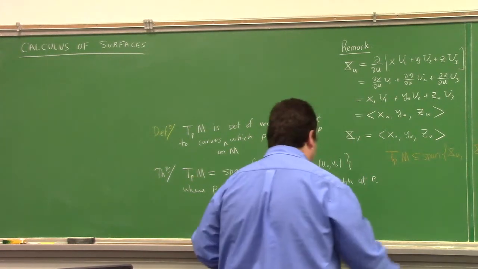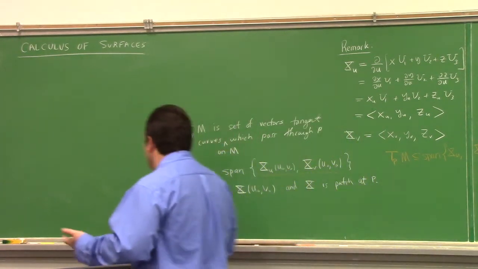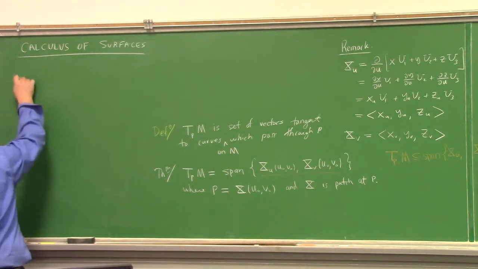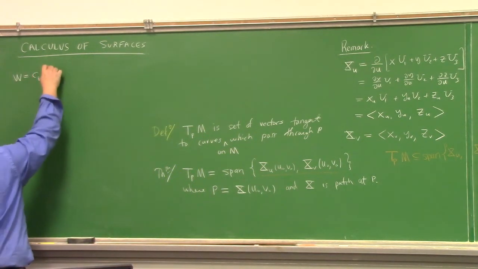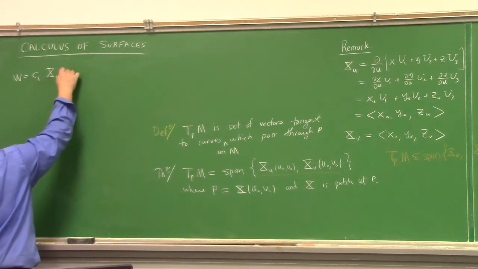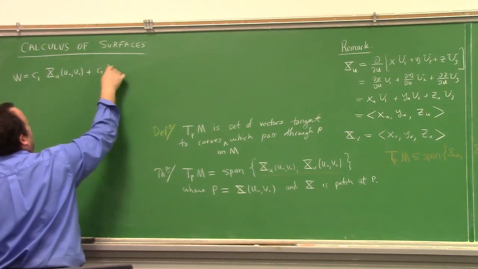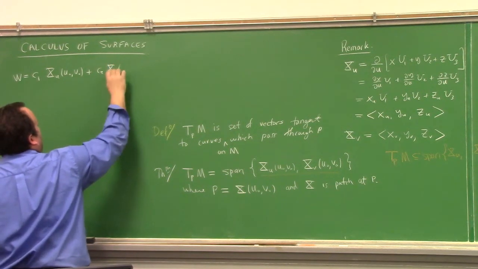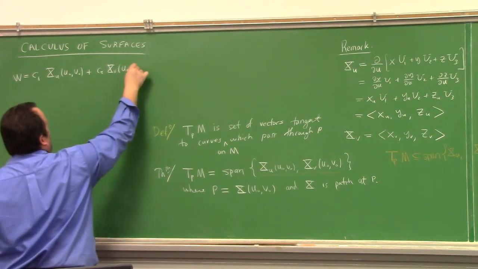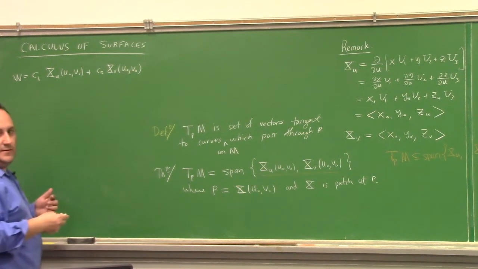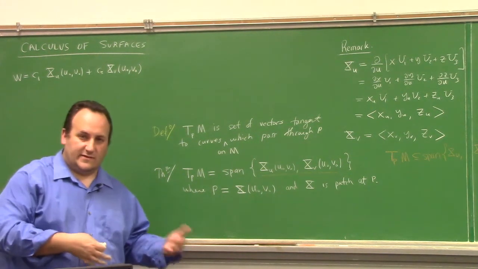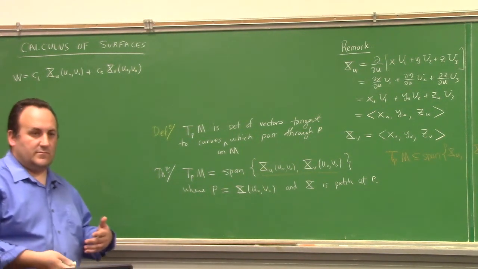I need another letter. Let's say W. So W equals C1 X_U of (U naught, V naught) plus C2 X_V of (U naught, V naught). That would be an arbitrary thing in the span. So how do I show that that is in the tangent space with our current understanding of tangent space?